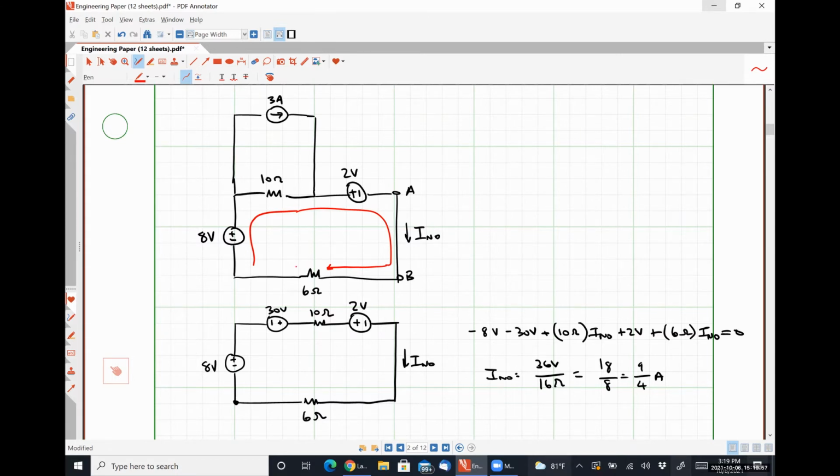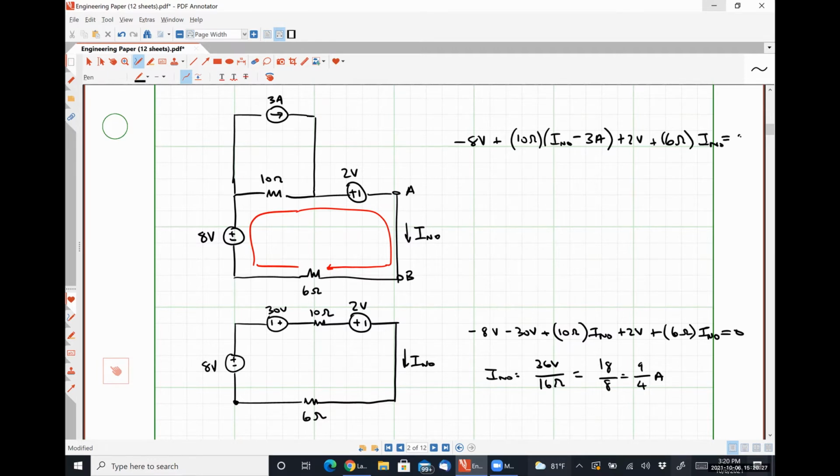So I could say that -8 volts plus 10 ohms times I Norton minus 3 amps plus 2 volts plus 6 ohms I Norton is equal to 0.